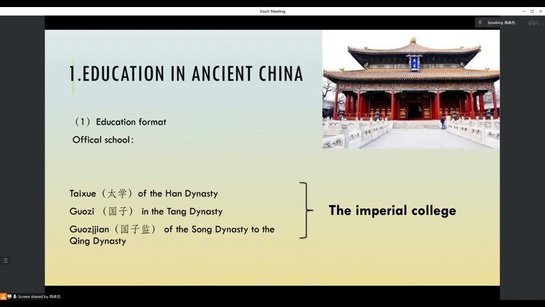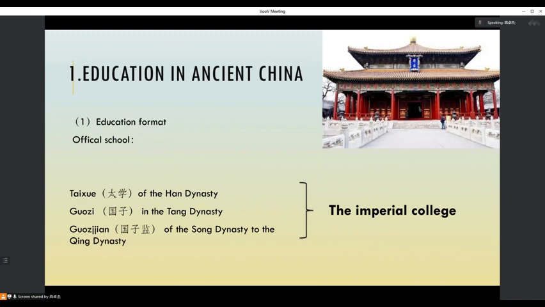This is the top. And in the Tang Dynasty, the official school was named Guozixue. In the Song Dynasty, the official school was named Guozijian.